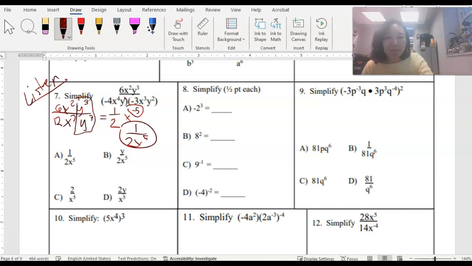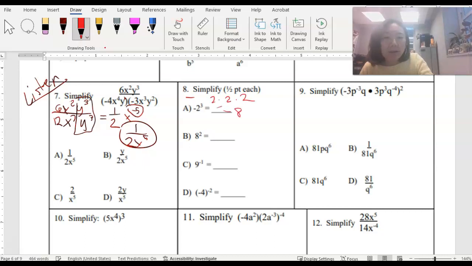All right. This one, to simplify, you actually are going to calculate. So negative 2 times negative 2 times negative 2. Oh, and actually, no, I made a mistake. Because there is no parentheses around this negative 2, this is a negative, and then it's 2 times 2 times 2.